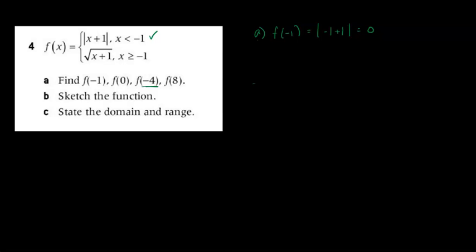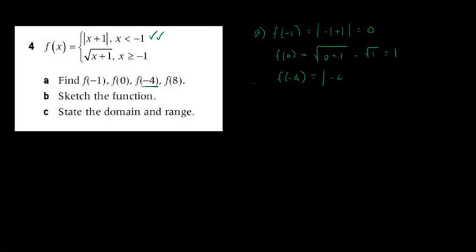Next one, f of 0 is going to be the one that's greater than -1, so it's going to be the radical. 0 plus 1 equals the square root of 1 equals 1. F of -4 is going to be the absolute value.